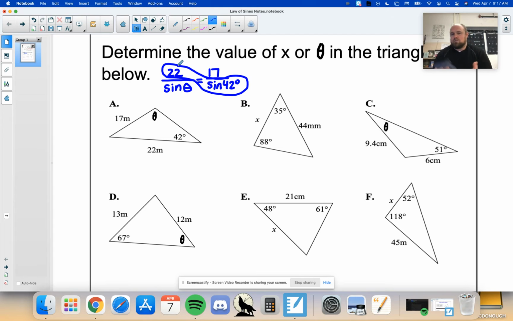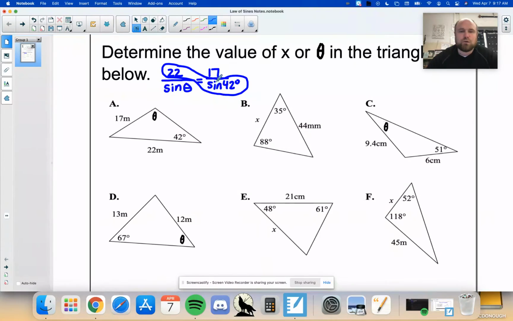So I'm going to grab my calculator and type in 22 times the sine of 42. When I take 22 times the sine of 42 degrees, I get 14.72.